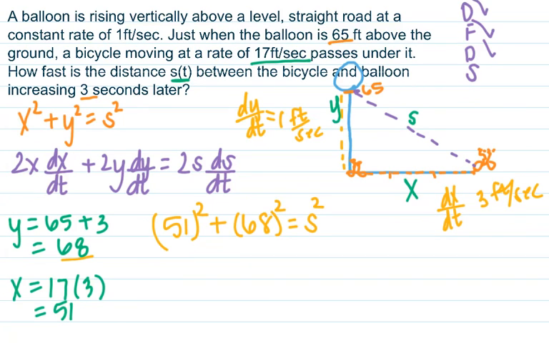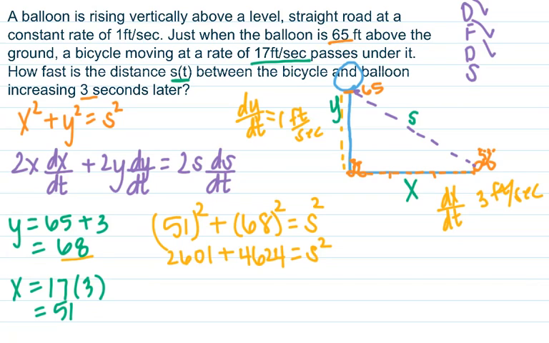Now, I'm just going to type this into my calculator. 51 squared is 2,601 plus 68 squared, which is 4,624, is equal to s squared.